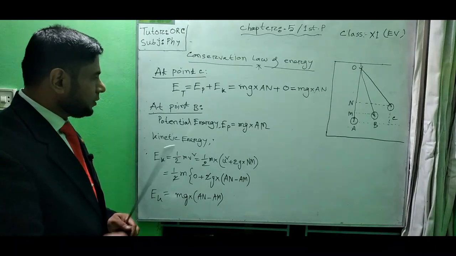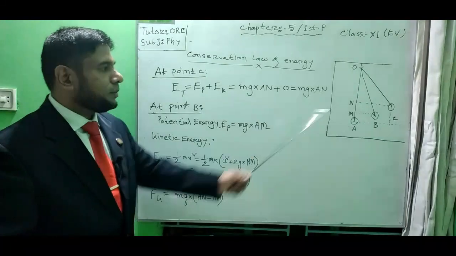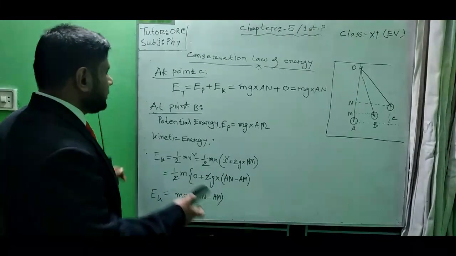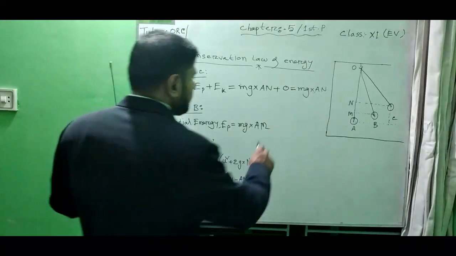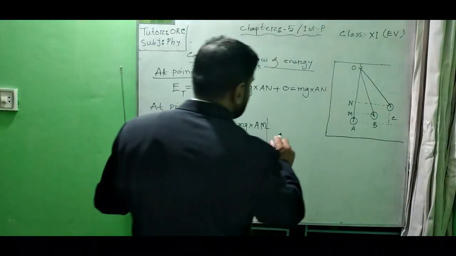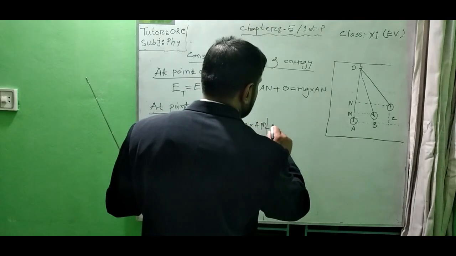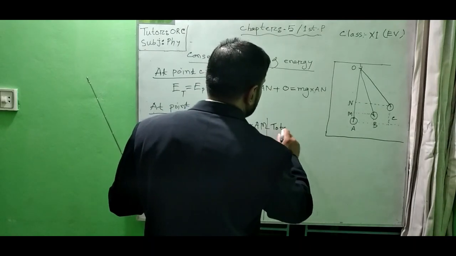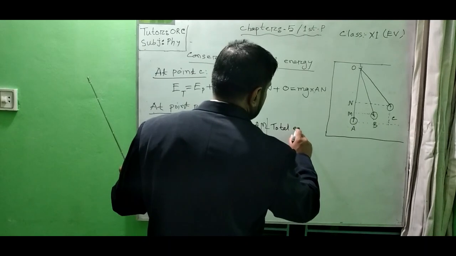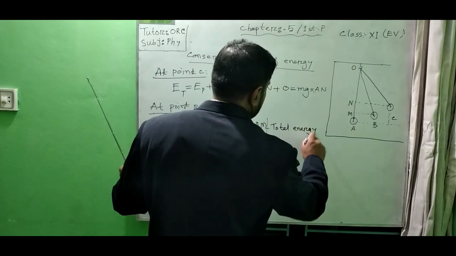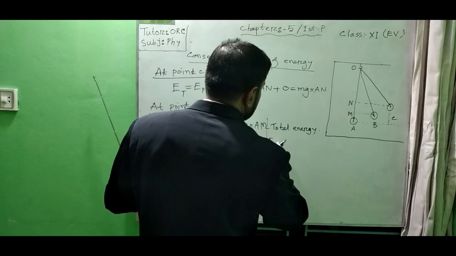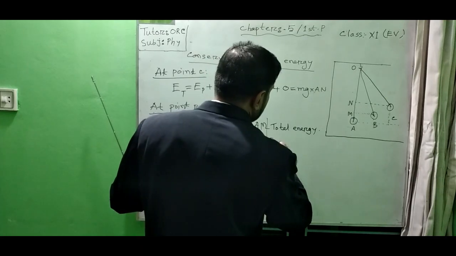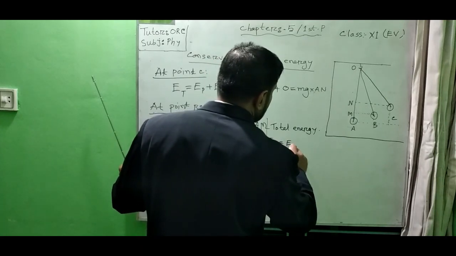Now we will find out the total energy at point B. Let us write total energy as the addition of potential energy and kinetic energy.